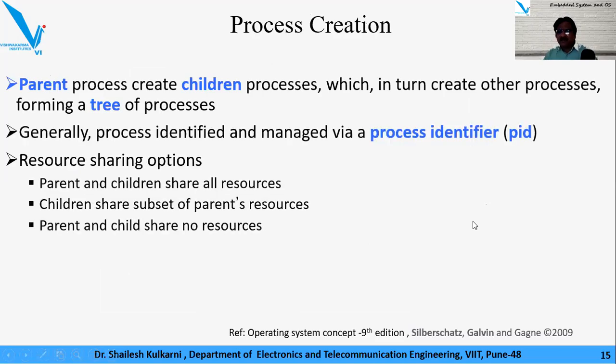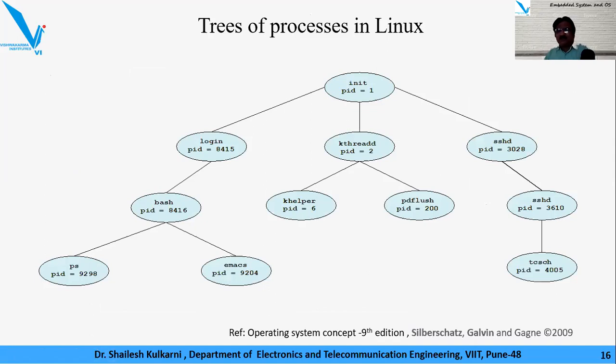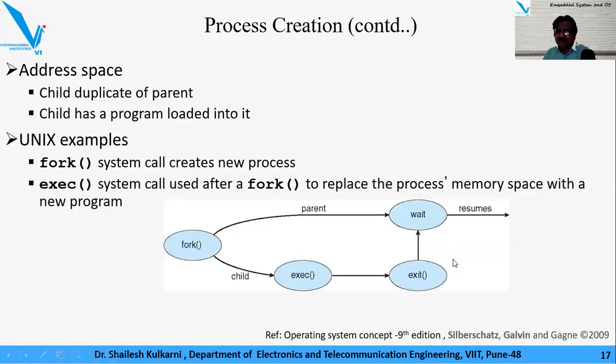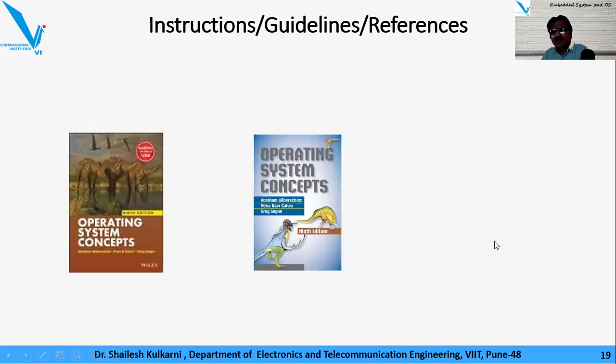Then we'll see the difference between parent and child process and how it gets represented in Linux. Then we'll see how the different system calls are used for these processes. Then we can say that we have fairly understood the task control management, or task management, aspect of operating systems.